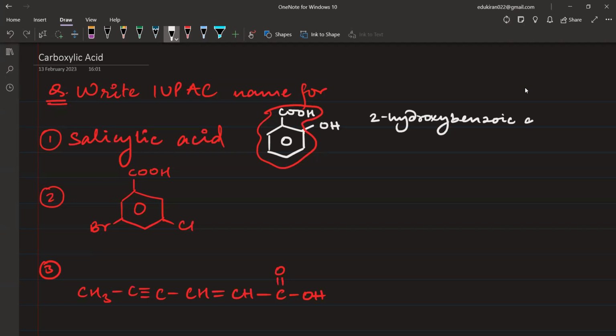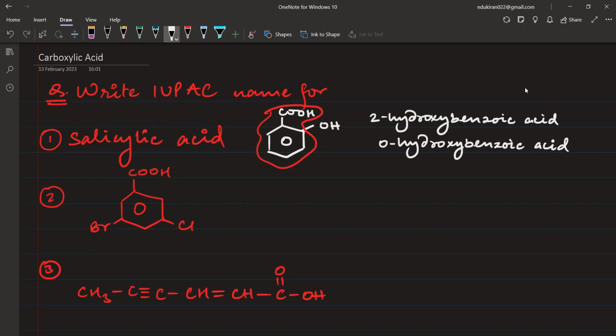You can also write it o-hydroxy benzoic acid. Now, what about this one?